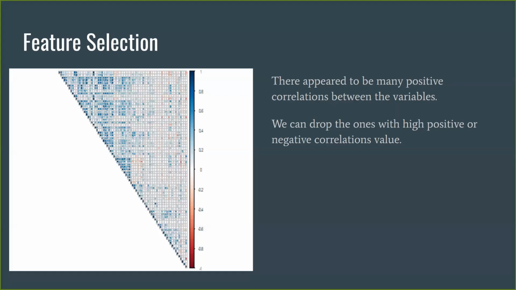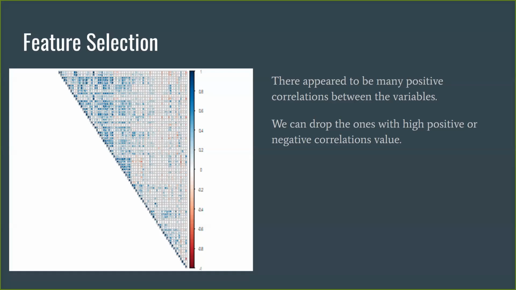Okay, next, we'll see the result of the analysis. So first, the result of the feature selection. First, we made a pairwise graph on the correlation, and we see that there's a lot of positive correlation between the variables.